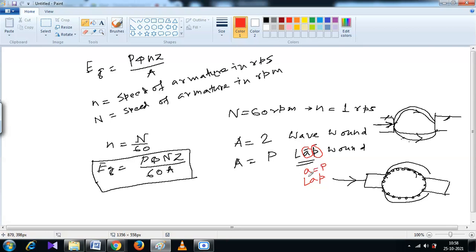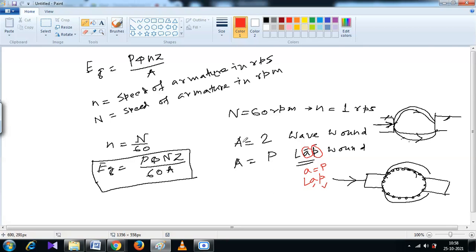Can you remember that now? Which is called lap type, and how to remember that? Ayush? Yes, sir. Lap type is A is equal to P, and in lap there are two letters, one is A and another is P. So we know that there are two types of machine.